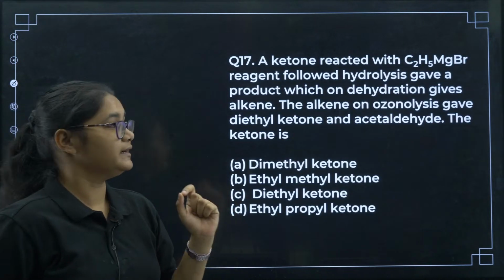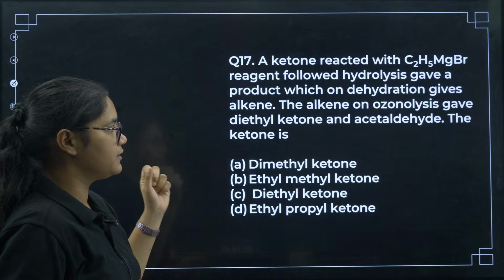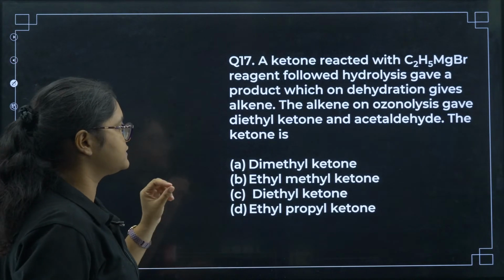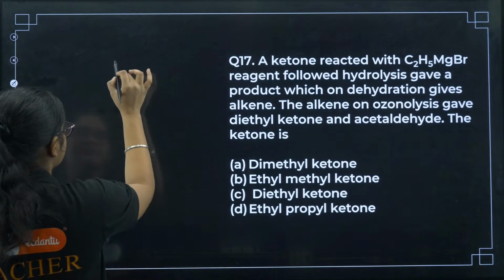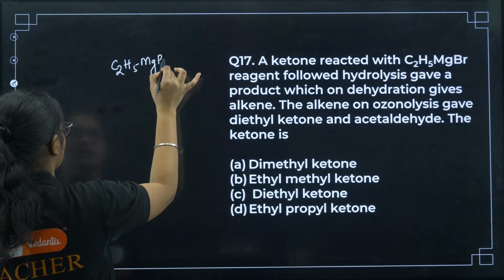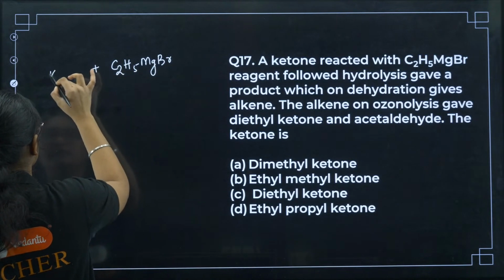Next, question number 17, students. A ketone reacted with C2H5MgBr reagent followed by hydrolysis gives a product. Let me first break down the question. You have C2H5MgBr, and one ketone before that.